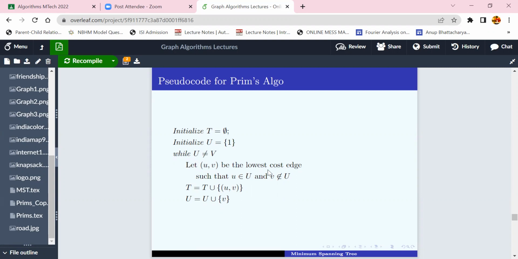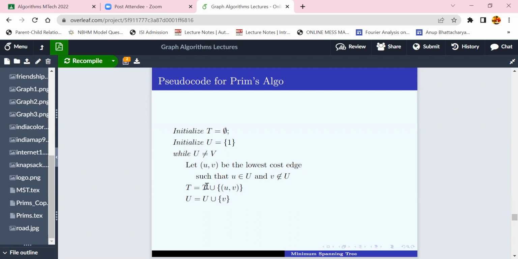So let UV be the lowest cost edge such that U is in the vertex set U and V is not in the vertex set U. That is an edge which has one endpoint in the tree we have grown so far, and one endpoint at a vertex that we have not yet visited.